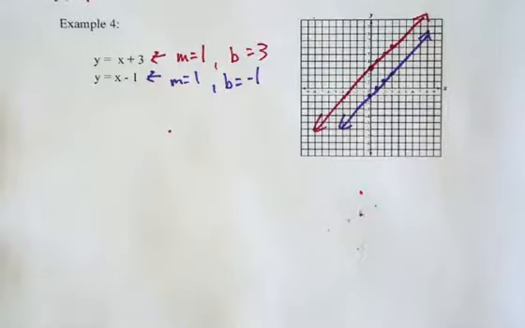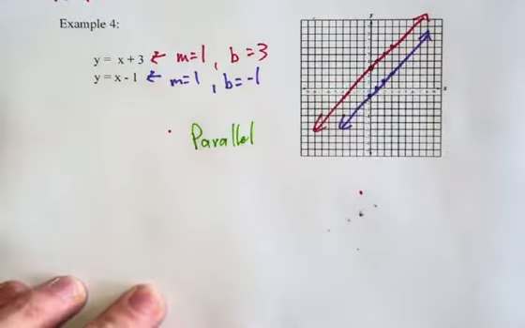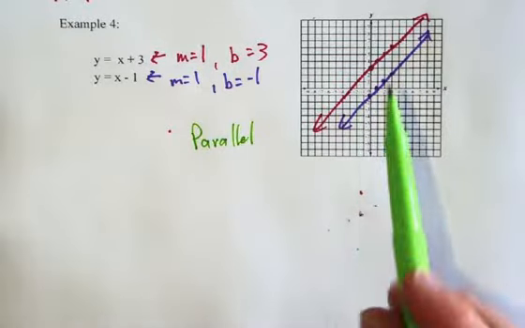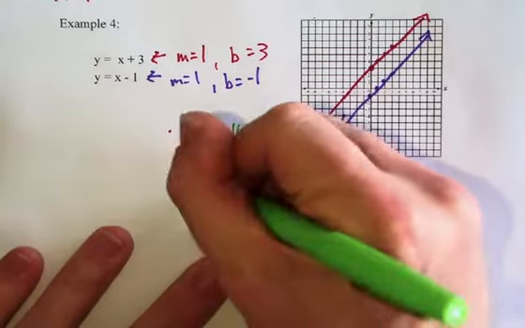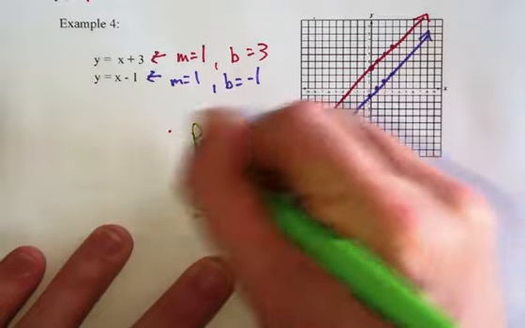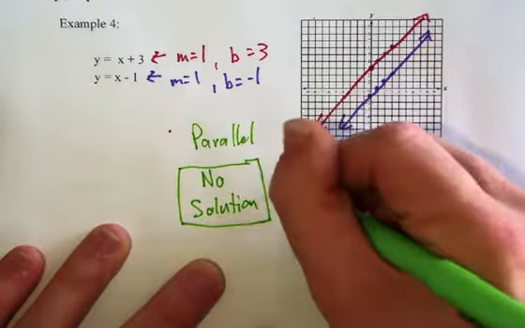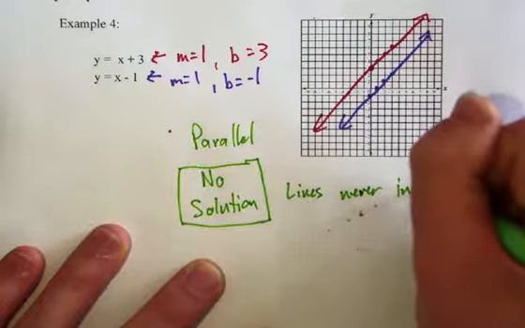Well, here we have two parallel lines, right? That means they never cross. The way that we're solving these systems of equations by graphing is looking at where they intersect or cross. Well, if they never cross, that means there's no solution, right? The lines never intersect.